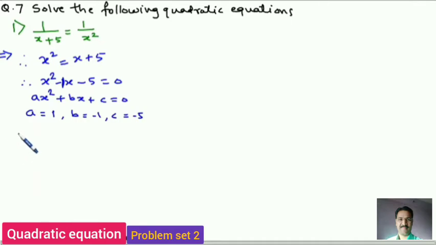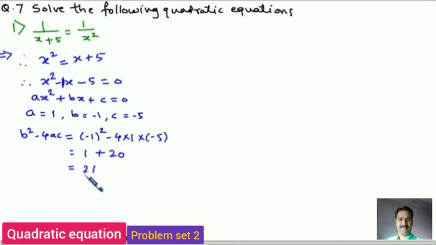Let's find it: minus 1 square minus 4 into a for 1 and c for minus 5. So it is 1 minus minus, plus, 4 ones are 4, 4 fives are 20. This is 21.